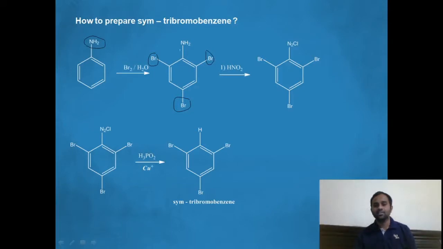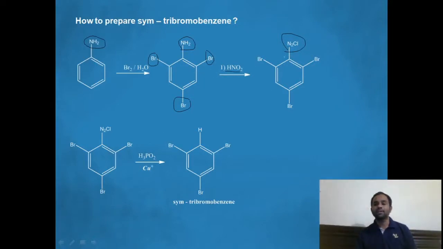We know we can convert this amine group to the diazonium group by treating with the nitrous acid. So in the second step we are converting this tribromoaniline to tribromodiazonium chloride by treating this compound with the nitrous acid.